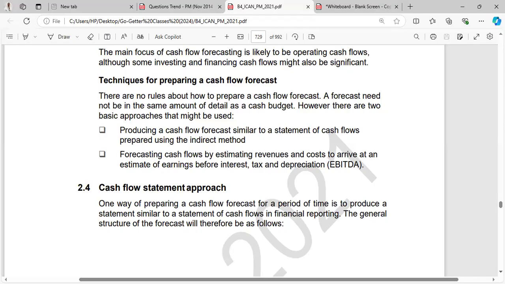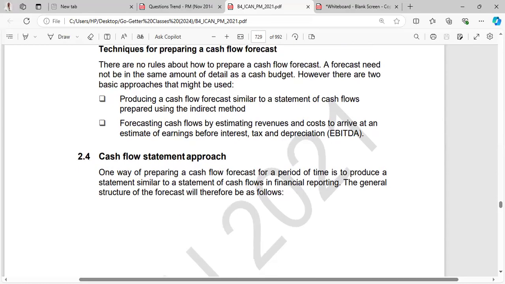Then the second approach is forecasting cash flow by estimating revenue and costs to arrive at estimates of earnings before interest, tax, depreciation, and amortization. They call it EBITDA.